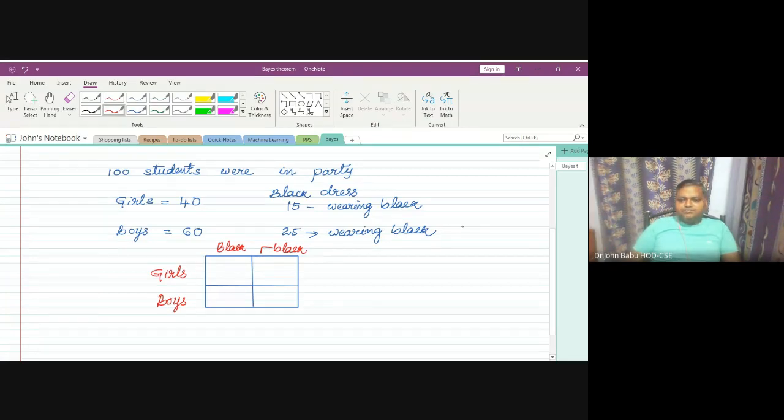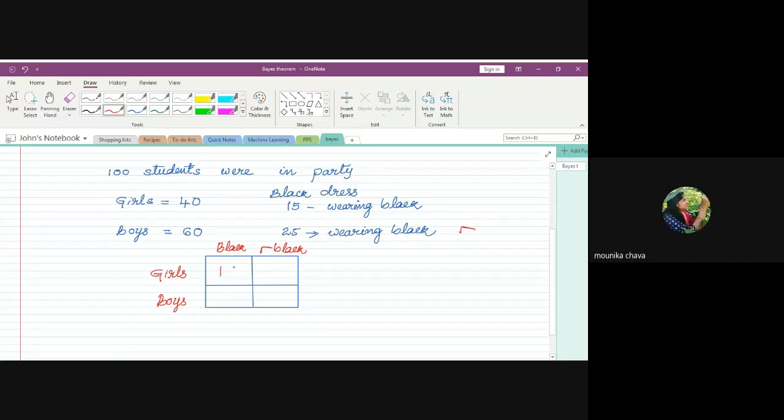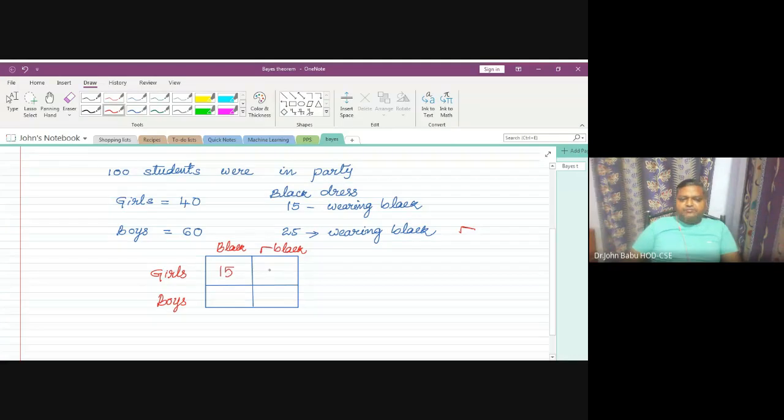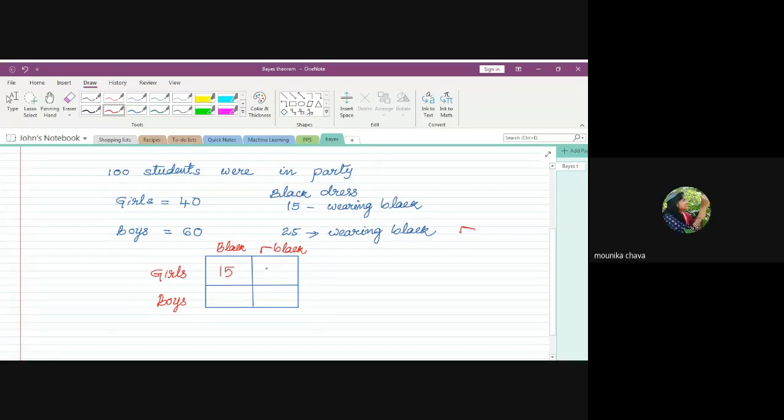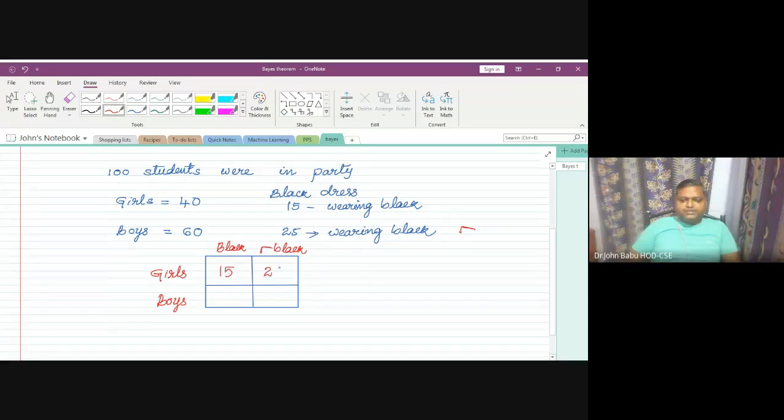So how many girls are wearing black? 15. How many are not wearing black? 25, because 40 minus 15 is 25.